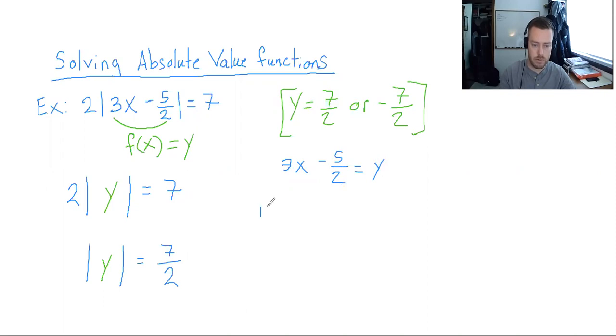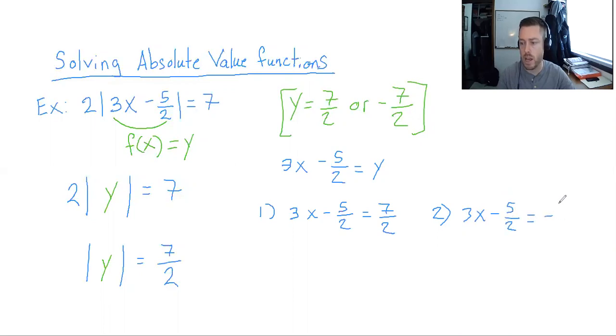Our first equation is 3x minus 5 halves is equal to 7 halves. And our second equation is 3x minus 5 halves is equal to negative 7 halves, right? So let's go for it.